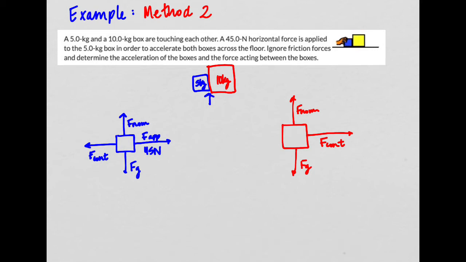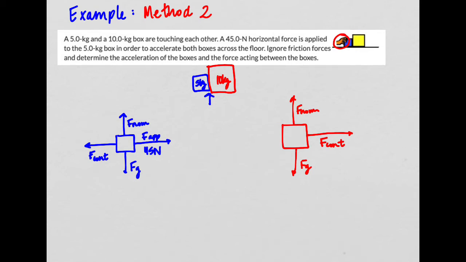The reason we're not going to write this as 45 newtons is because we're now treating these two boxes as two individuals. Think about this hand. This hand is the one applying the 45 newton force.